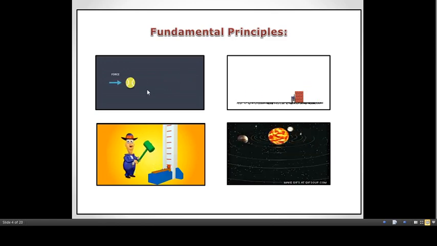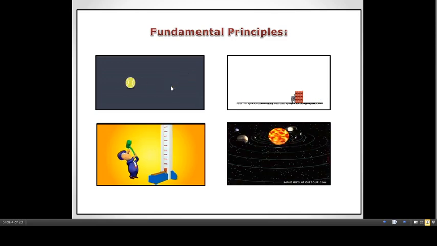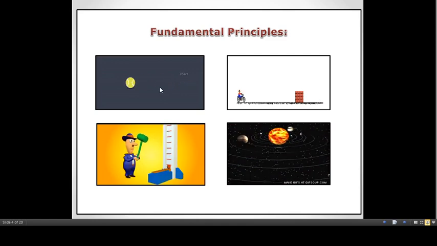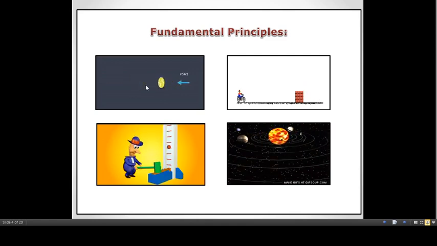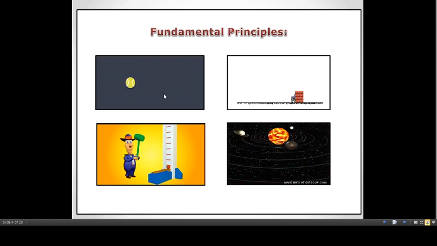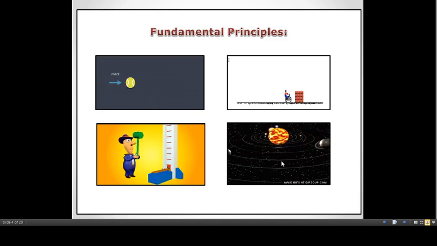Now, look towards this one. The body will not move initially, but when we apply a certain external force on that body, the body comes into motion. As per Newton's first law of motion, the body will not move without application of external force.